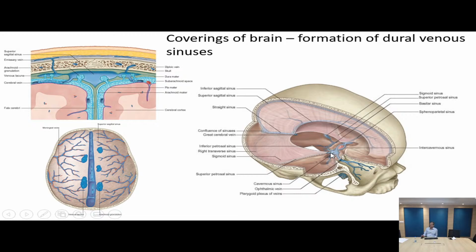Now, if there is some infection on the face, then that infection will be taken to this cavernous sinus where there will be thrombosis, as a result of which the central vein of the retina will not be able to drain, and the person may become blind.